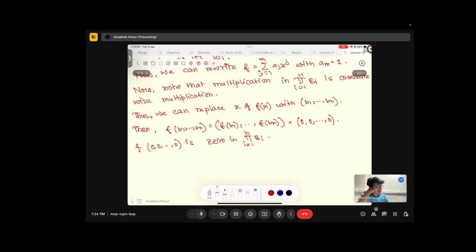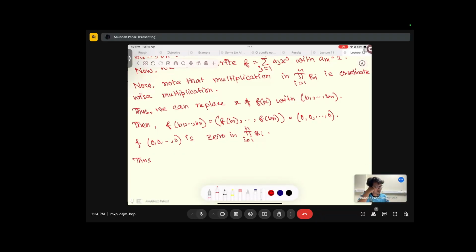Thus b1 comma bn is integral over A and was arbitrarily chosen.